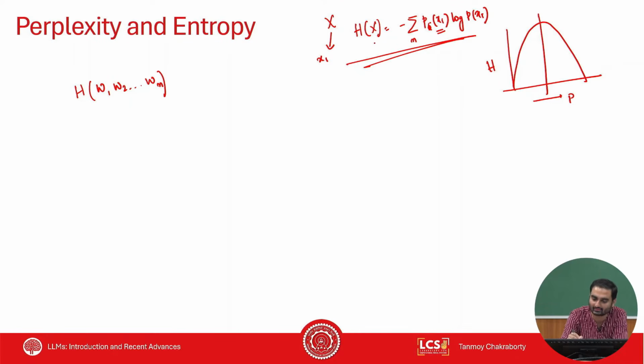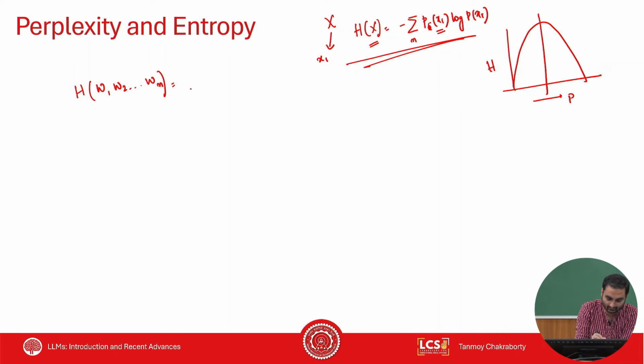Remember, earlier there was a random variable which indicates the outcome of an event. Now the random variable indicates a sequence of words. How do you measure this entropy?